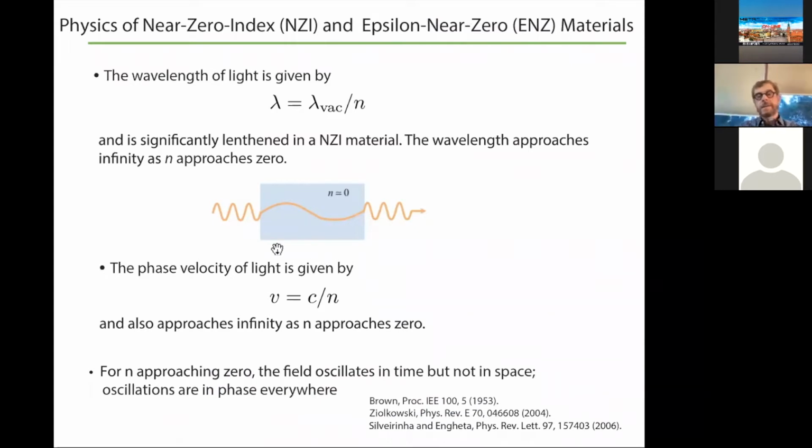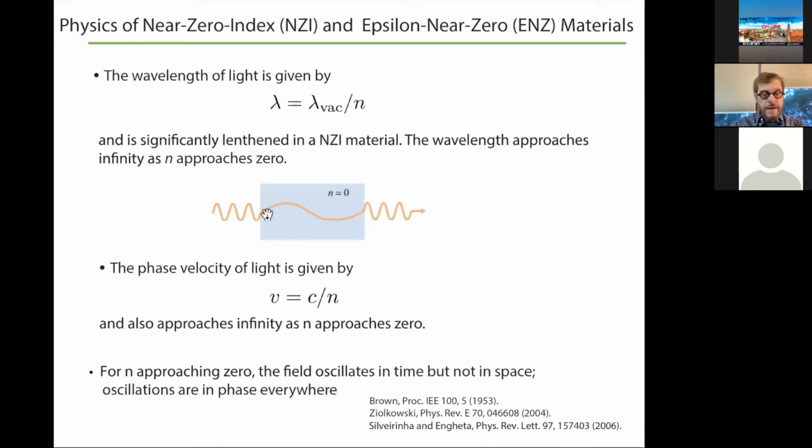So, okay, let's get right into some of the physics. So physics of near zero index and epsilon near zero materials. Let me remind you that the wavelength of light is given by the vacuum wavelength divided by the refractive index. So if the refractive index becomes very small, the wavelength becomes stretched. I remind you that the phase velocity of light is given by c over n. So again, as n becomes very small, the phase velocity approaches infinity.